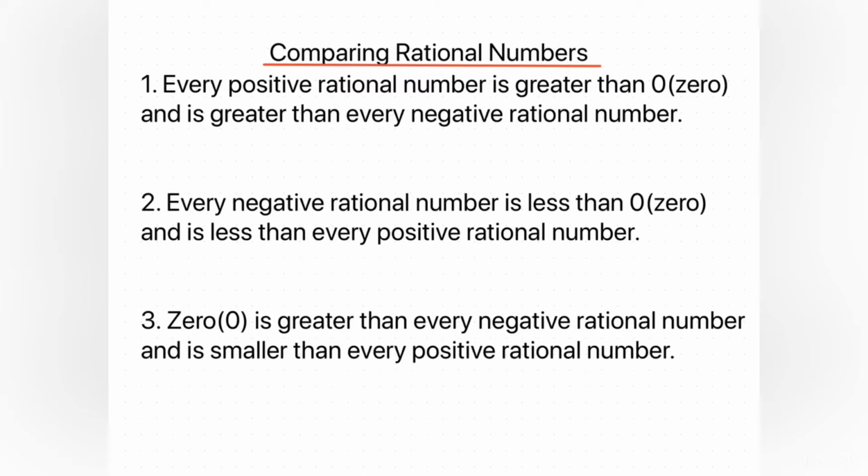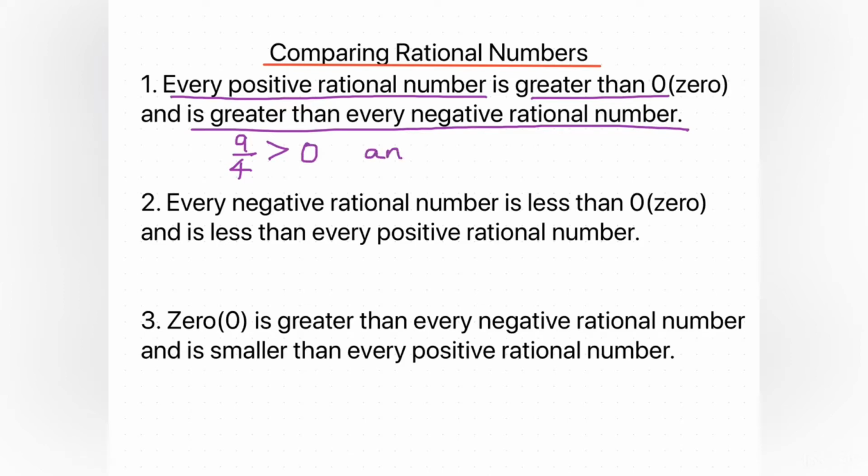First point, every positive rational number is greater than 0 and is greater than every negative rational number. To understand this point, let us see few examples. 9 by 4 is a positive rational number and is greater than 0.